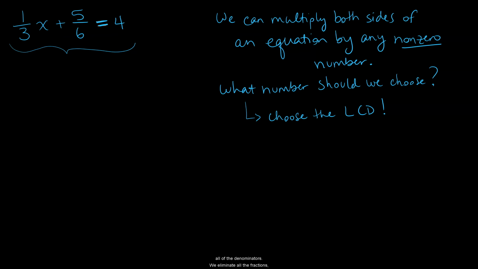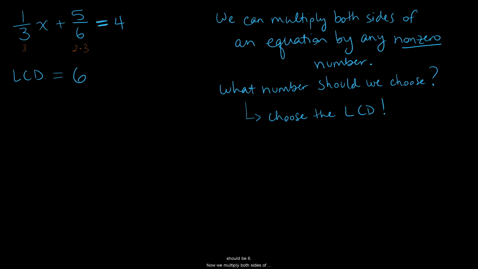We eliminate all the fractions, but we get an equation that has the same solution set as our original one because everything that we're doing to it is mathematically sound. Let's choose the LCD for this equation. We have 3, which is a prime number, and we have 6, which is 2 times 3. And so the least common denominator for 3 and 6 should be 6.